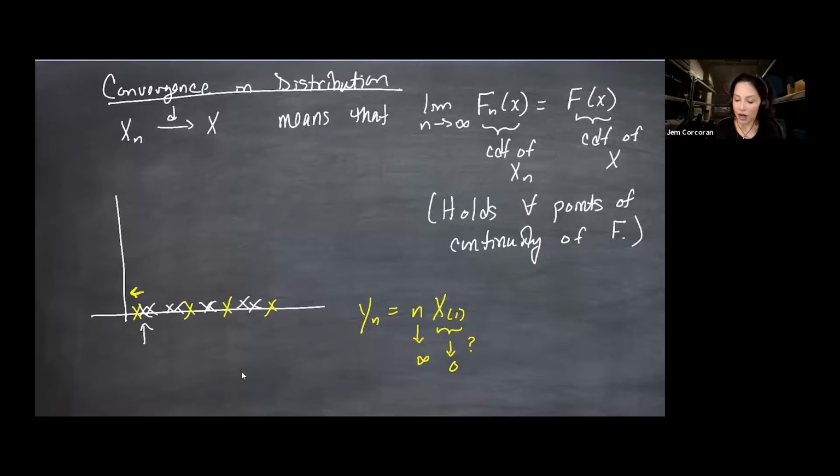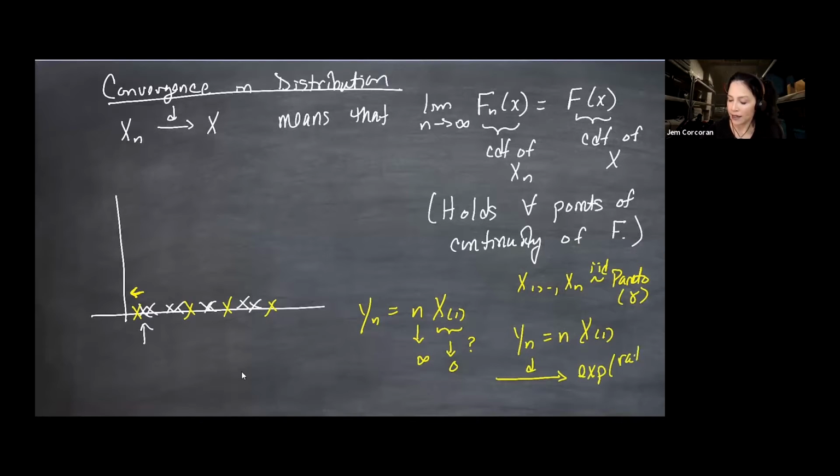And so last time we saw that if X_1 through X_n are IID Pareto with parameter gamma, this Y_n, which was n times the minimum, is converging in distribution to the exponential distribution with rate gamma. So the n blowing up was kind of enough to balance out the minimum going way down to 0. And we did that last time, and this time I wanted to do a new example, which is what happens if that n is gone.